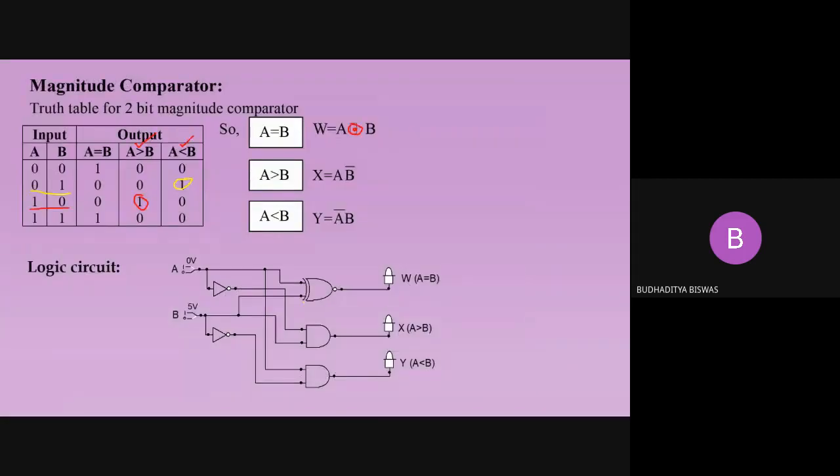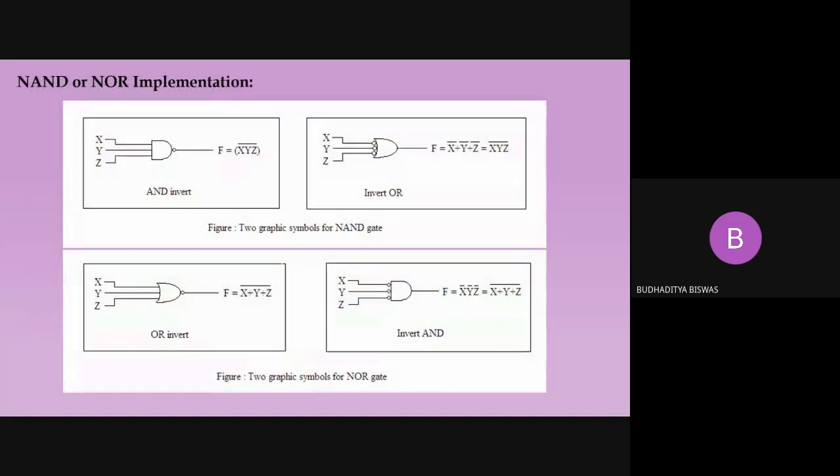So I now want to take a break, and after the break, I will start one very important thing: the NAND or NOR implementation. Just give me 1 minute to give the introduction. As you know, the NAND gate and NOR gate are called the universal logic gates, and here I show you the procedure for how to implement any type of circuit, any type of expression using the NAND gate or NOR gate.